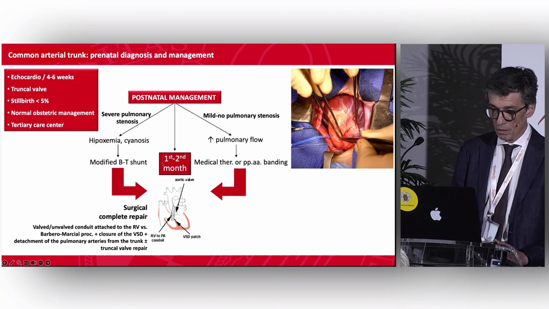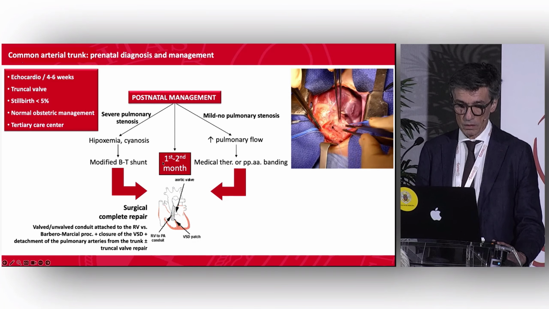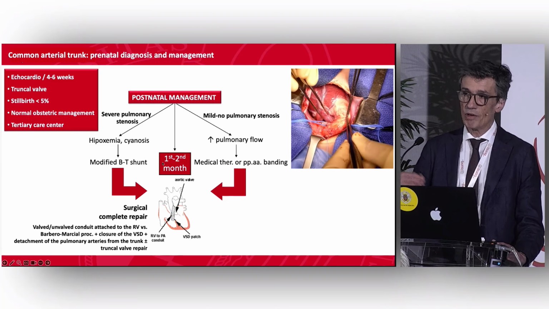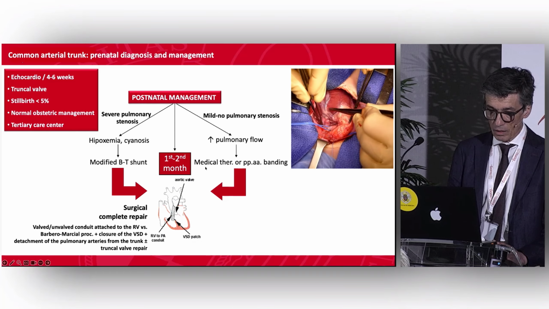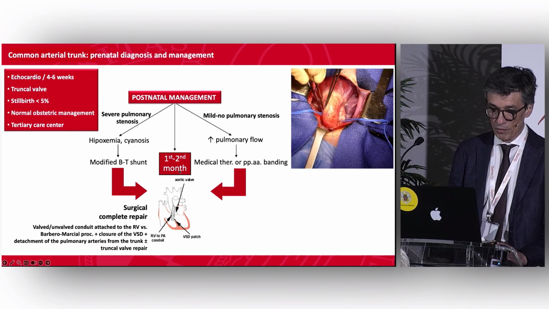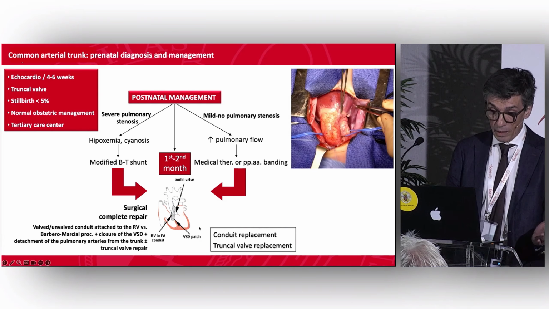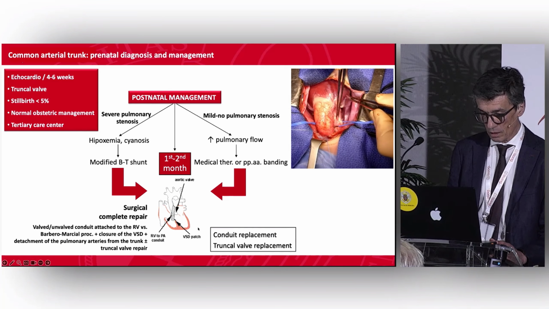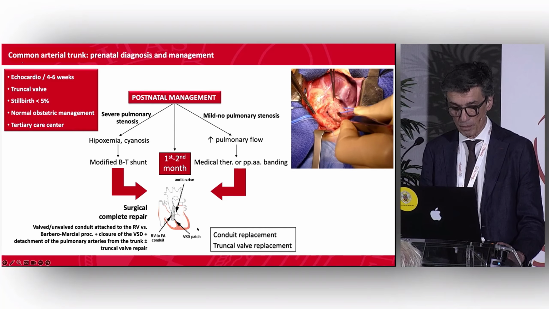And sometimes, when there is no pulmonary stenosis or it is only mild, and there is increased pulmonary flow to the lungs, the baby may need either medical therapy or banding of the pulmonary arteries before the complete repair. And in some cases, these babies will need additional procedures to replace the conduit or replace the truncal valve in case it does not work properly.